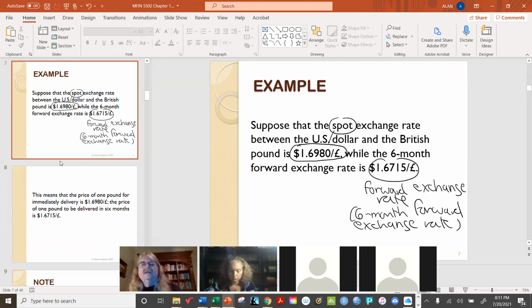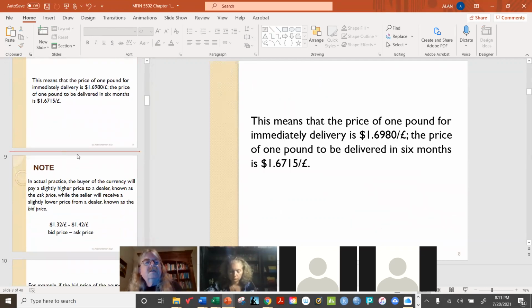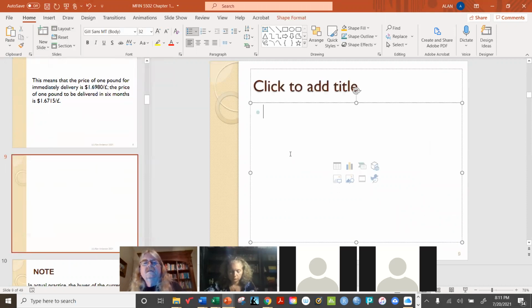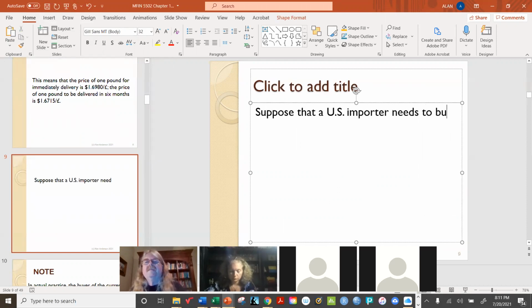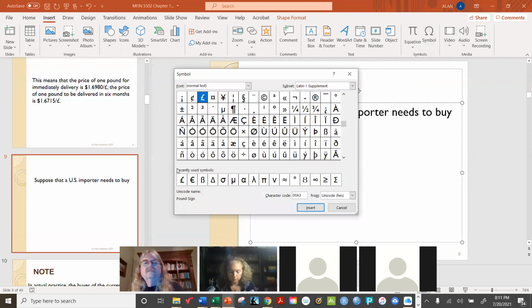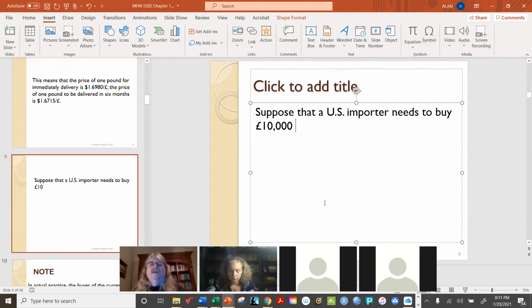Well, here's an idea. Suppose that a U.S. importer needs to buy, say, 10,000 pounds in 6 months.